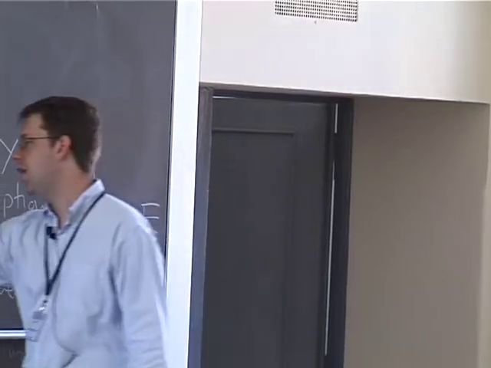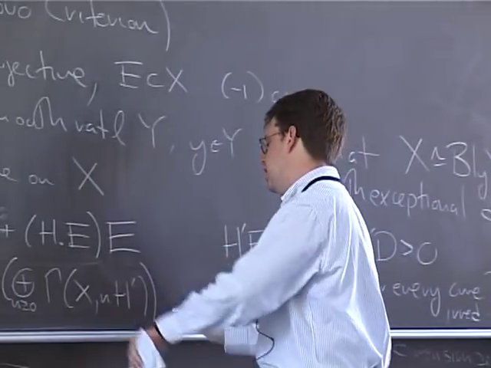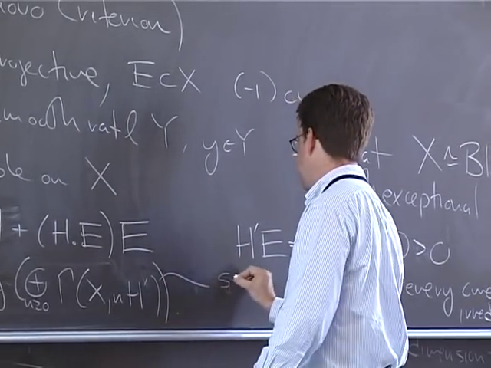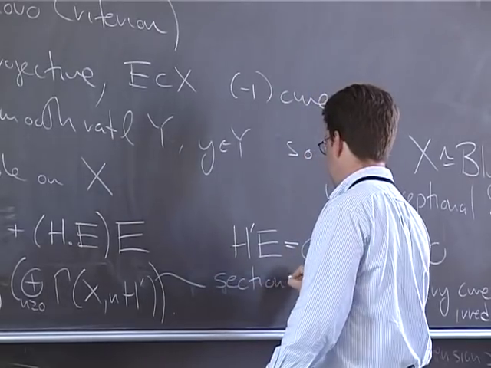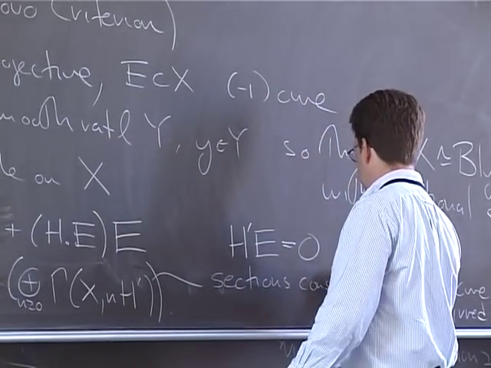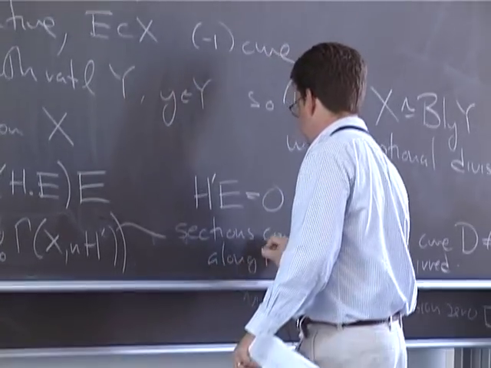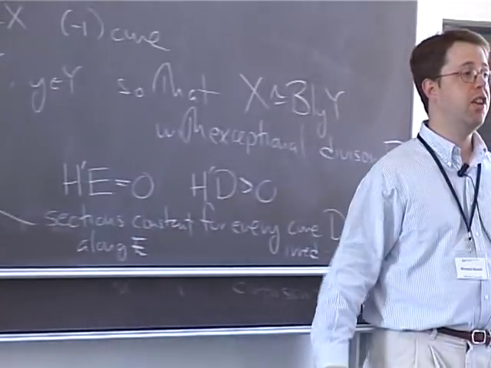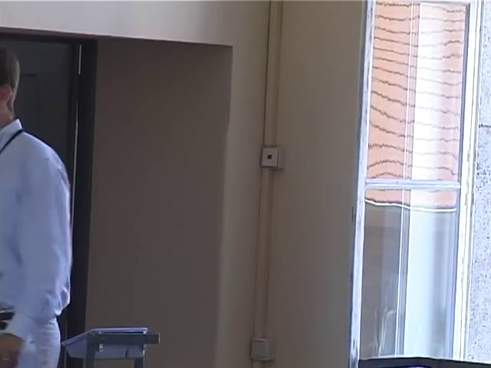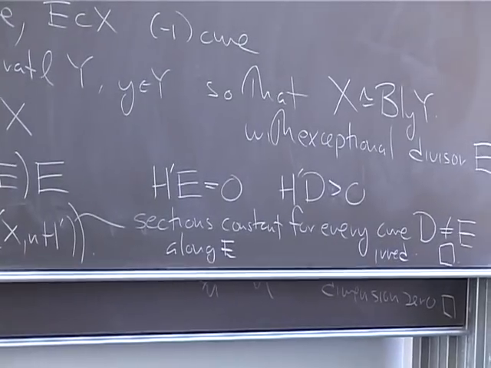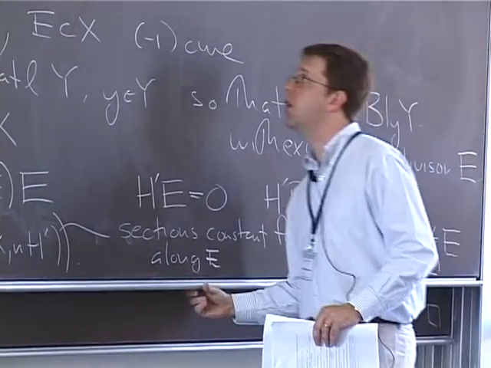And whatever else happens, these sections are constant along E. So this definitely contracts the divisor E, whatever else it does. And that's all I'm going to really say about this. We'll come back to this in a little while. But this is a general contraction result.